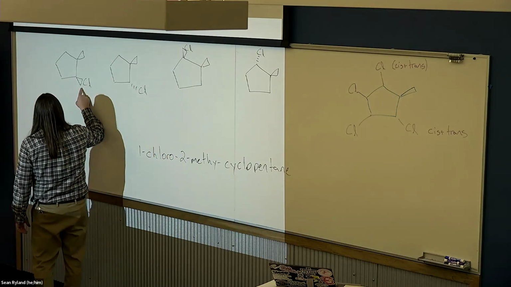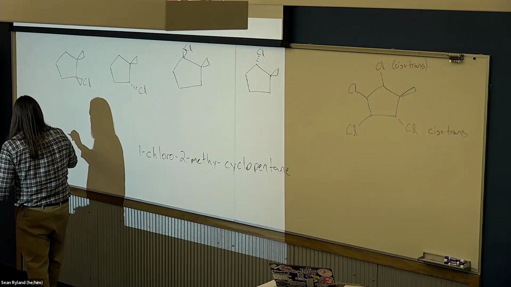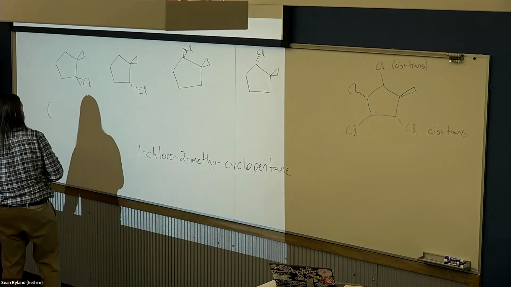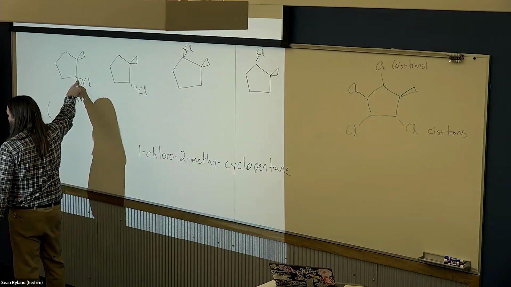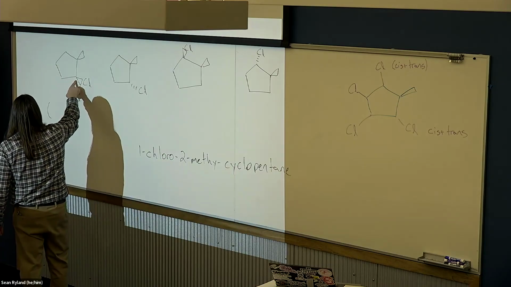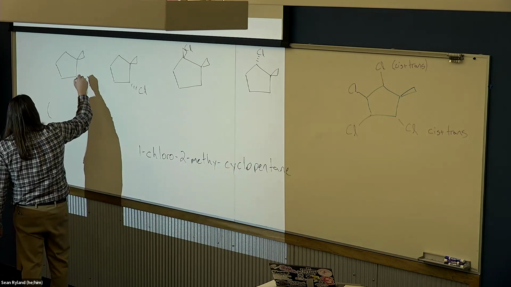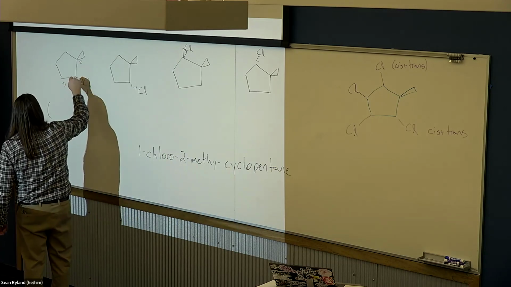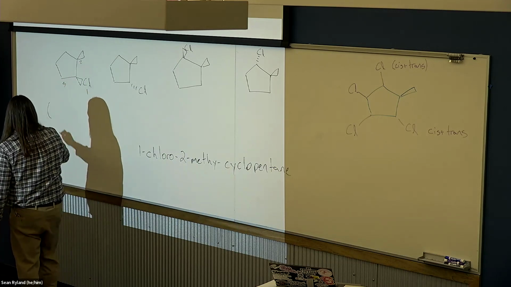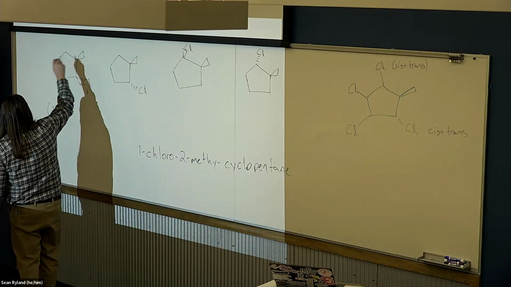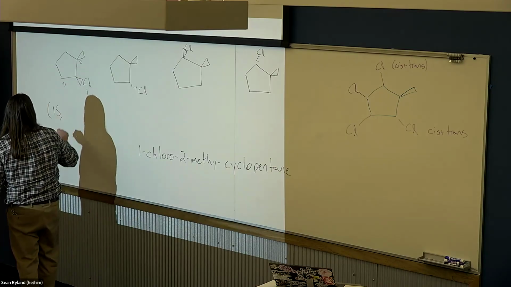So for this one, carbon 1 is always going to have the chloride for these. So carbon 1 is going to be 1, 2, 3, and 4 is already at the board, right? So that's going to be 1S.